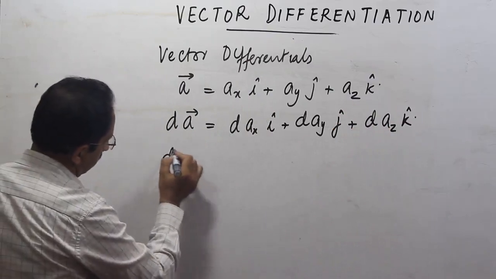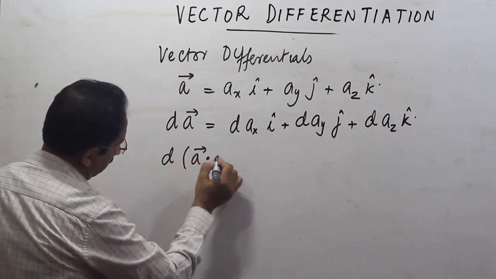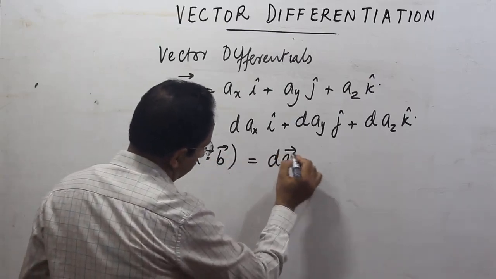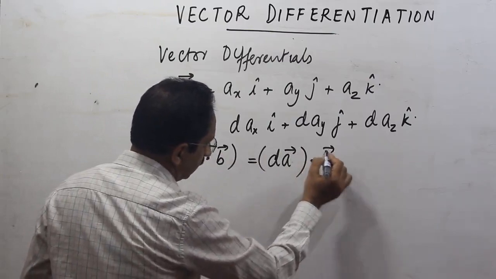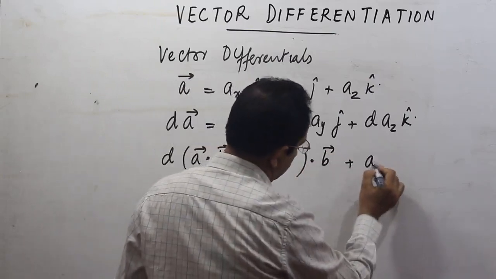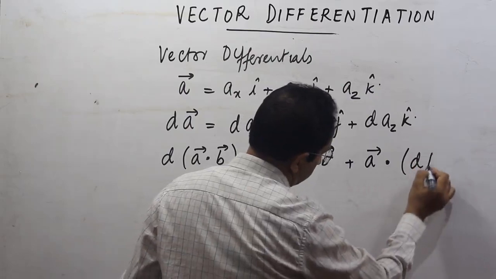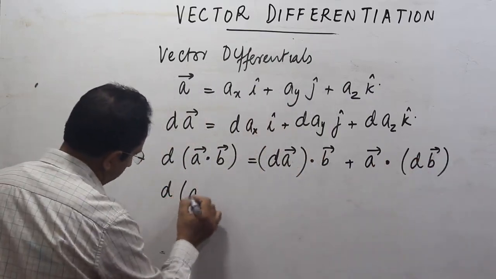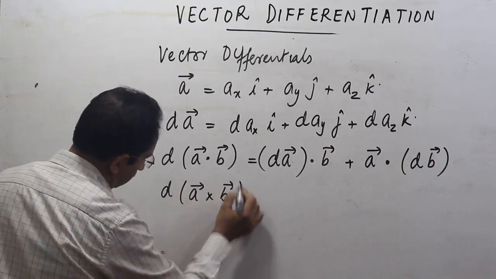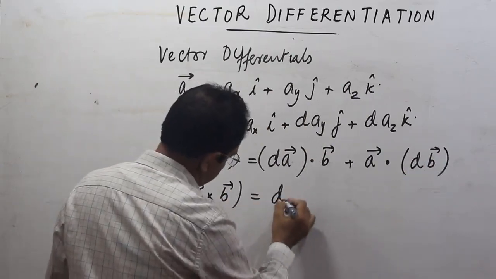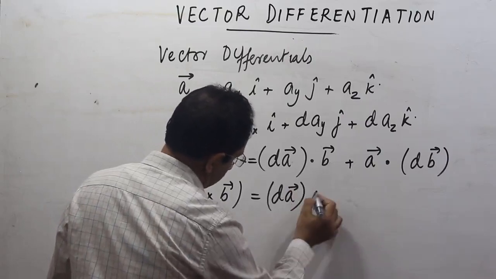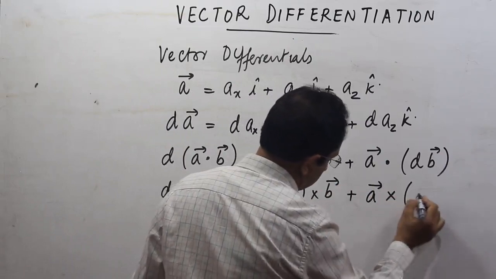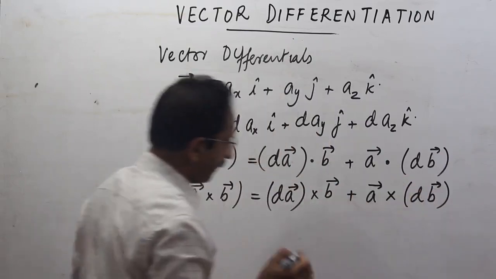Similarly, if we have the differential of A dot B, this would be differential of A dot B plus A dot differential of vector B. Similarly, if we have the differential of A cross B, this would be differential of A cross B plus A cross differential of B.